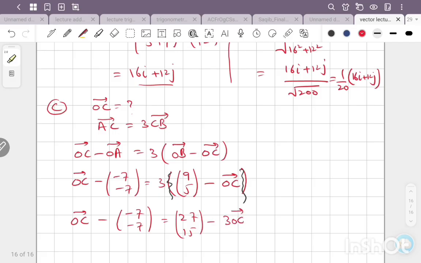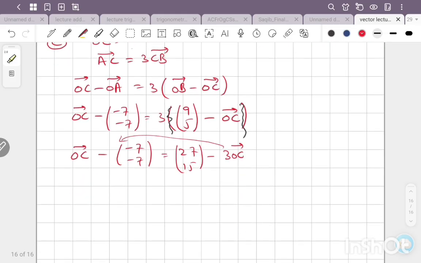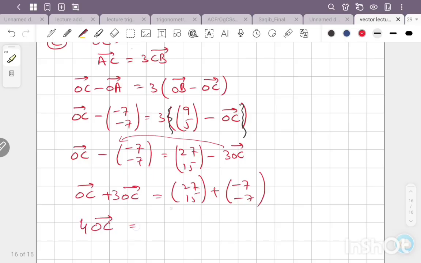This OC will be shifted here, so we get OC plus 3 OC equal to 27, 15 plus minus 7. So this will be 4 OC, and 27 minus 7 it will be 20, and 15 minus 7 it will be 8.